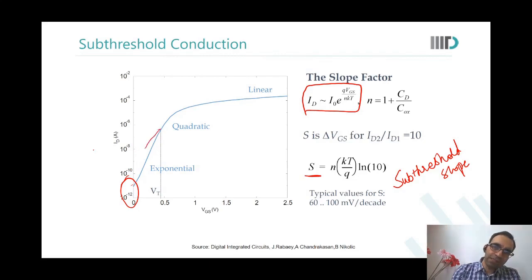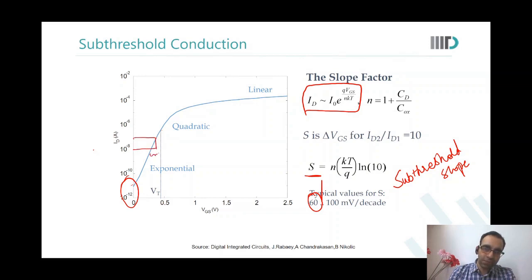If I say that my subthreshold slope goes bad, what happens? If my subthreshold slope goes bad, then I will have higher subthreshold current. So we want a subthreshold slope such that within 60 millivolts, which is the limit of silicon, you should be able to reduce current by 1 decade.